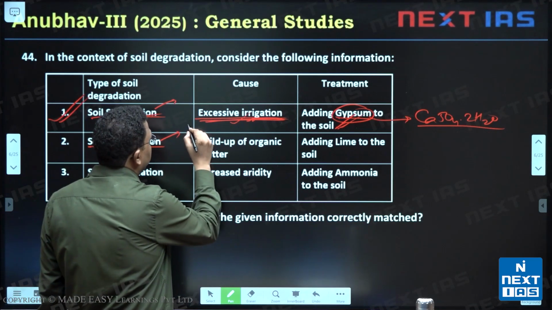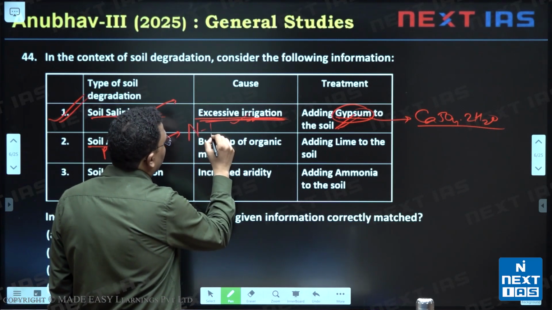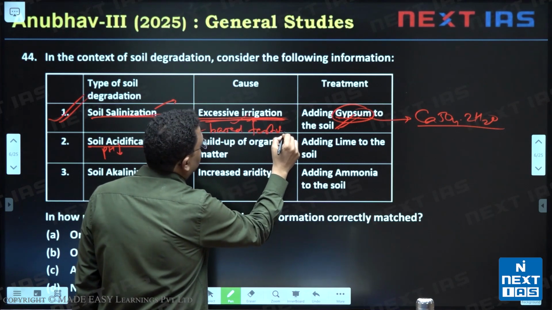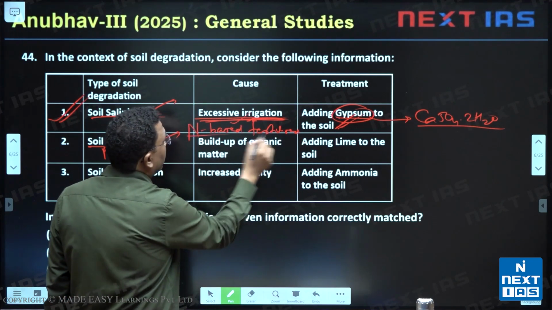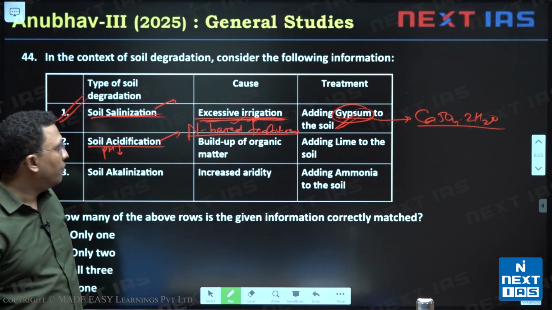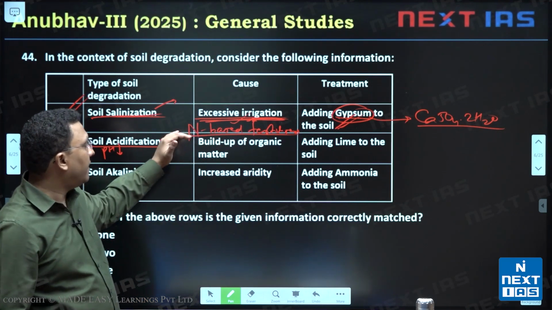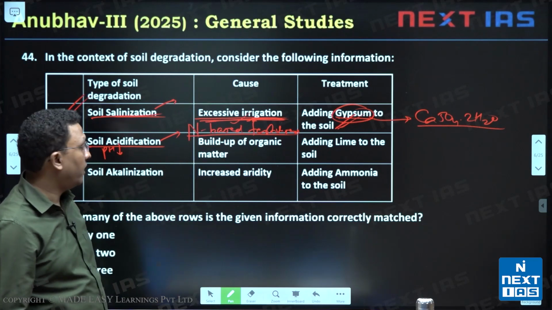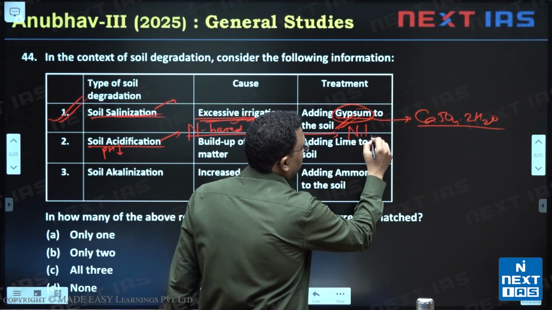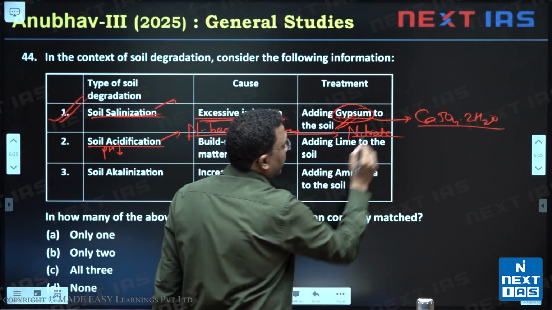The first of them is excessive use of nitrogen-based fertilizers. When we add nitrogen-based fertilizer to the soil, it first gets converted into nitrate, right?